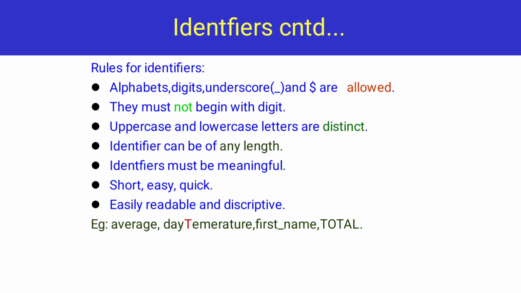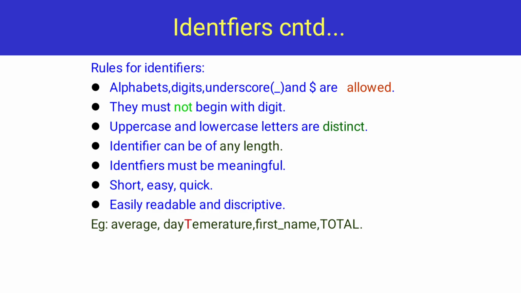They must not begin with a digit. For example, if you write 123ABC, it is an invalid identifier, because the rule says that they must not begin with a digit. Another rule is that upper and lower case letters are distinct, so you can use upper case as well as lower case characters.